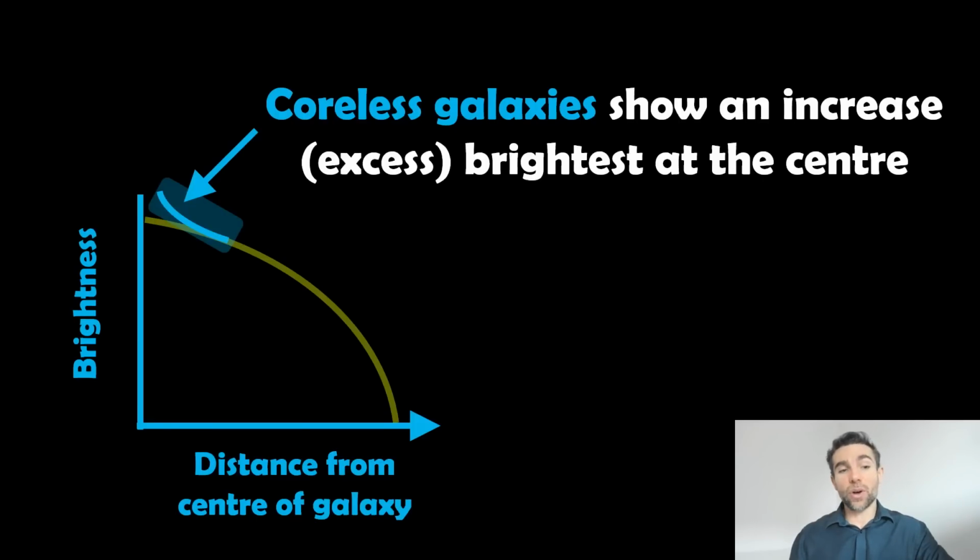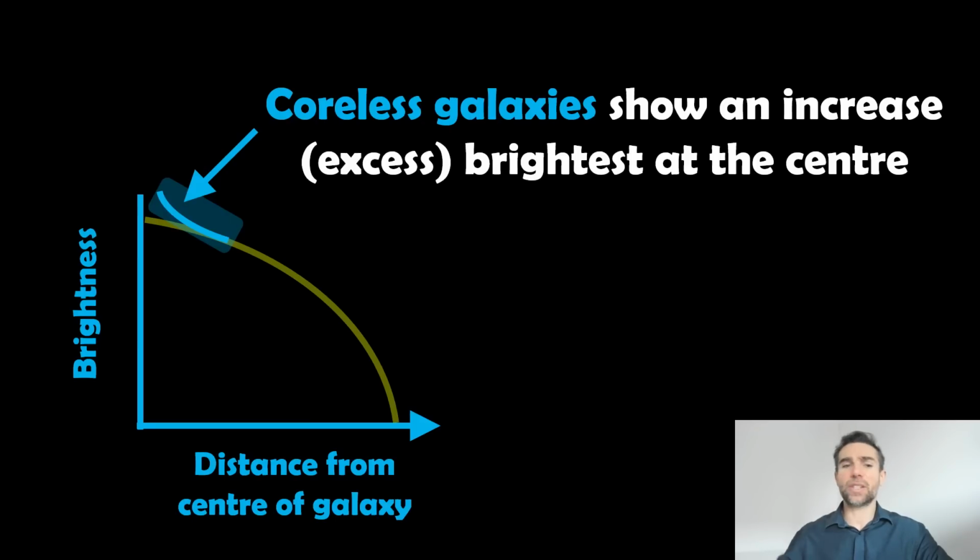Now the coreless ones are kind of the opposite. What happens here is we see an excess of brightness in the centre. As you get closer to the centre, they deviate away from that typical profile we would expect for the decrease in brightness as a function of the radius. As you get close, it moves above that line, so we have an excess of brightness at the centre part.